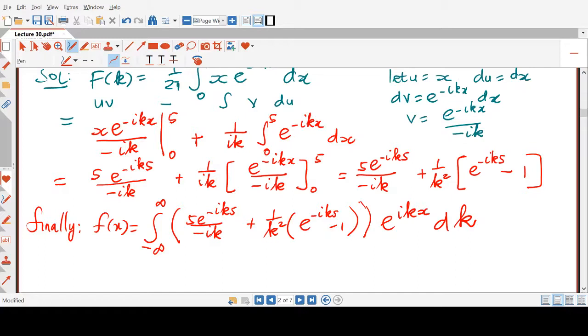So you have a dk, because you will be substituting for k, and you will be left with x. You'll be replacing k by these limits, if you're actually doing it, that is. Okay, so that's a Fourier transform.